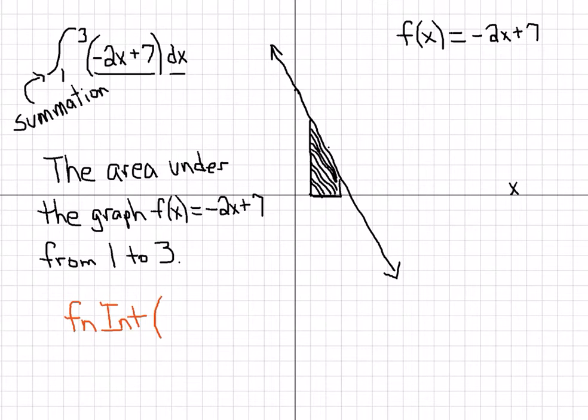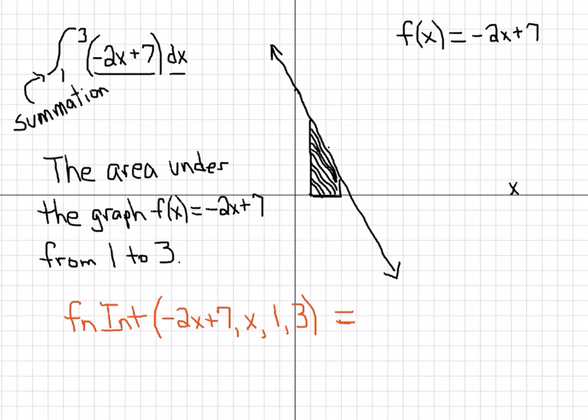And then we type in the function, negative 2x plus 7, then a comma, x, comma, 1, comma, 3, because that's the width of this, from 1 to 3, and then put a parenthesis, and then hit enter. On different calculators, it's going to vary a little bit on how you plug in things, but this is how it works on the TI-83 Plus.